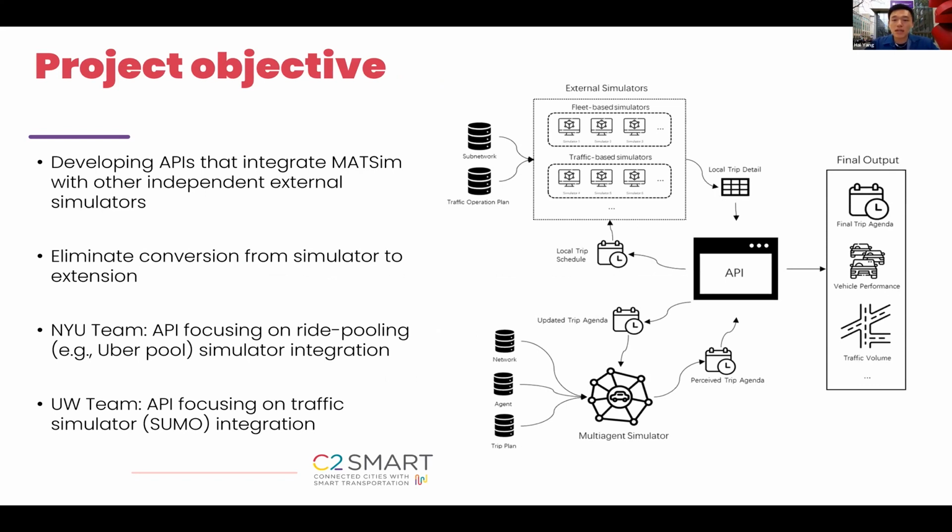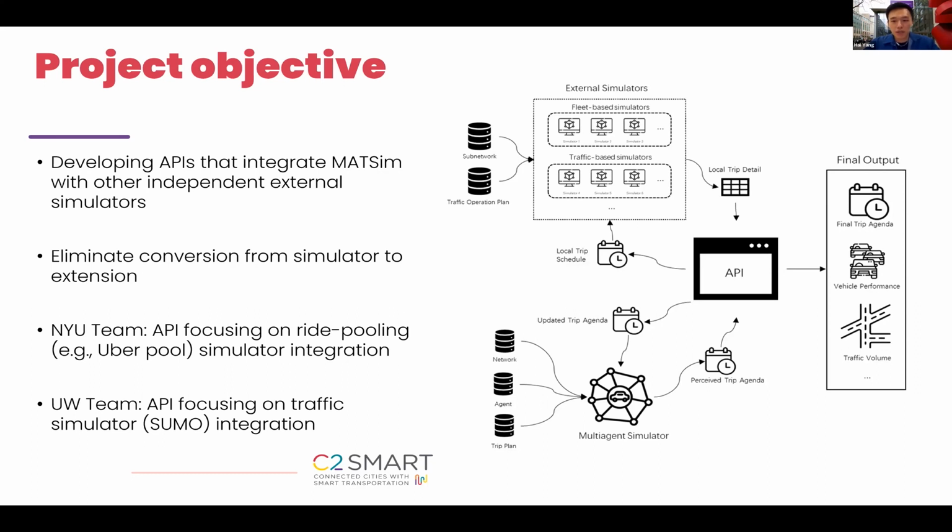So essentially we use that API or platform as a third party to connect the two parts, which are the multi-agent simulator and different kinds of external simulators. These simulators could be written in different languages, for example, Python or C++, not necessarily Java in this case if we're using MATSim as the core multi-agent simulator.